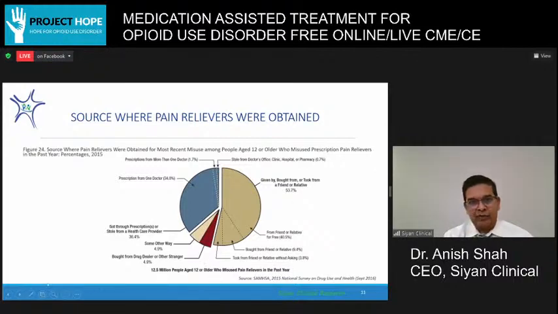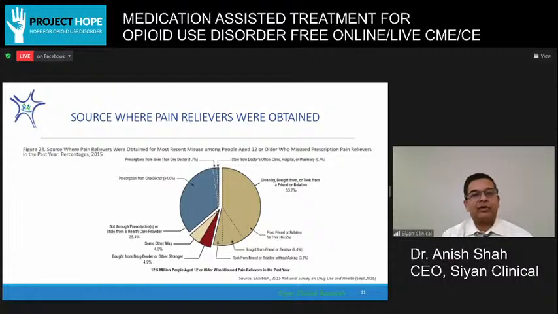And then if you look at the patients who got the substances from a drug dealer or obtained them through illicit means, far fewer, only 4.9% of patients, actually received them from a drug dealer or other ways.